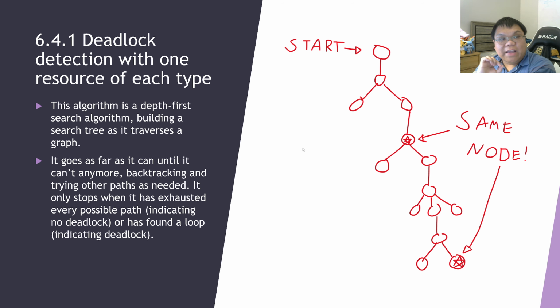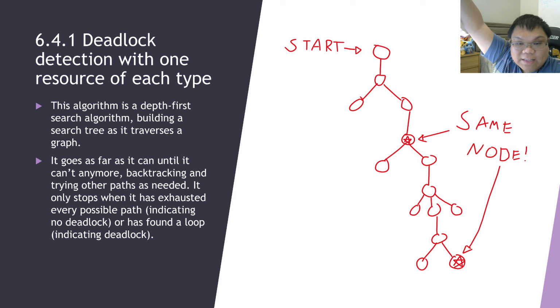A depth-first search algorithm traverses a graph and goes as far as it can on some branching path until it hits a dead end and then backtracks and tries a different path.